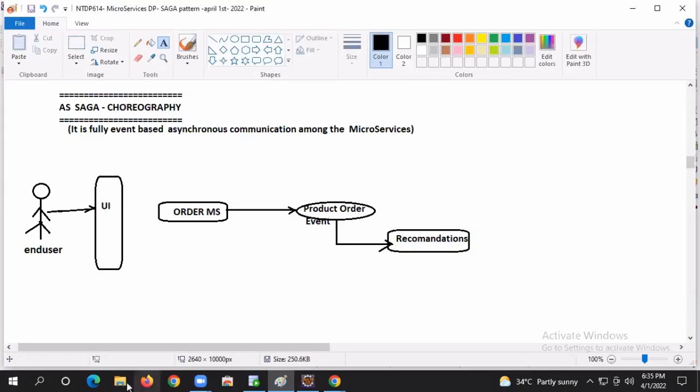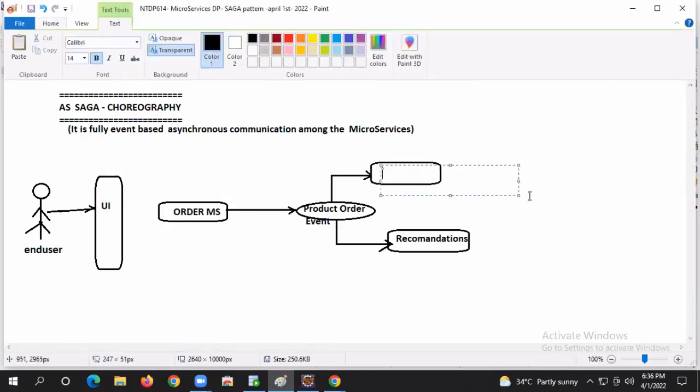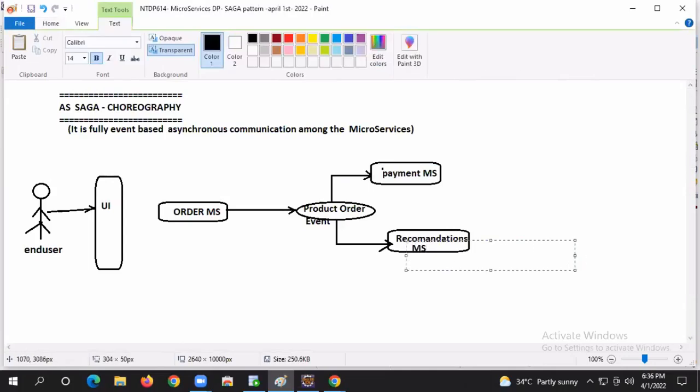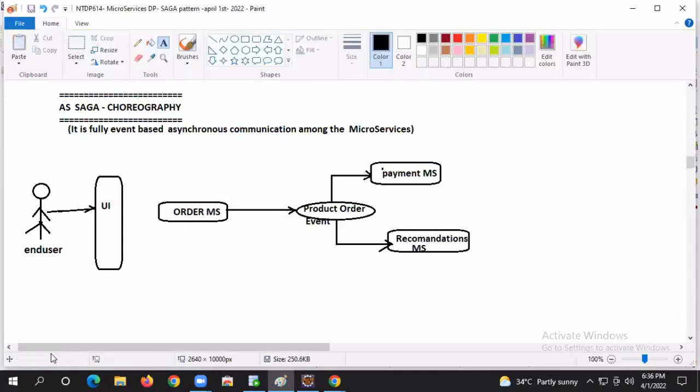Recommendation. Okay. Another piece of event handling is what? Payment. Talking to the payment service. Payment MS, guys. Recommendations MS. Tell me, guys, there are two possibilities.